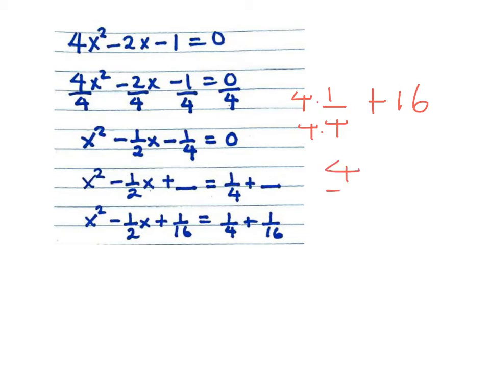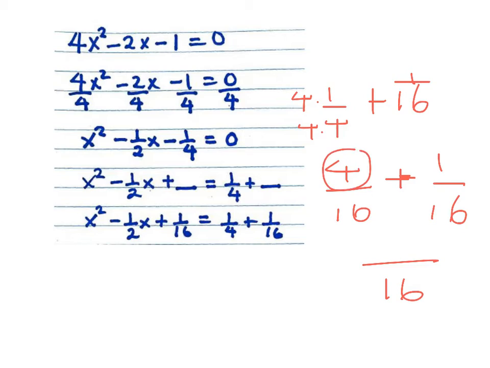So 4/16 plus 1/16. Okay, so we can keep the same denominator of 16 and add 4 plus 1 is 5/16.